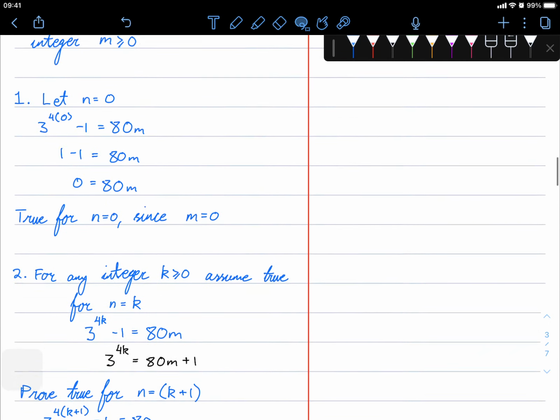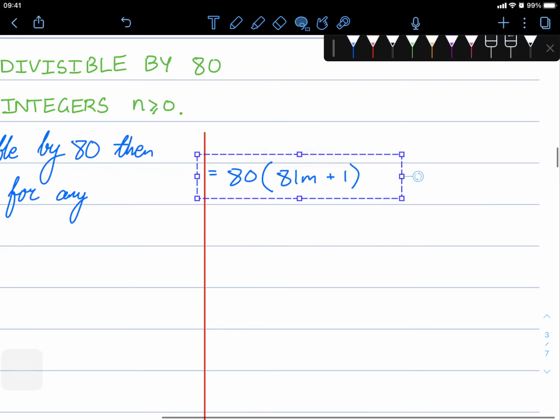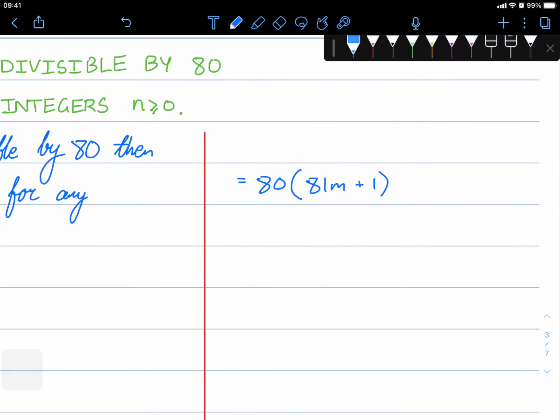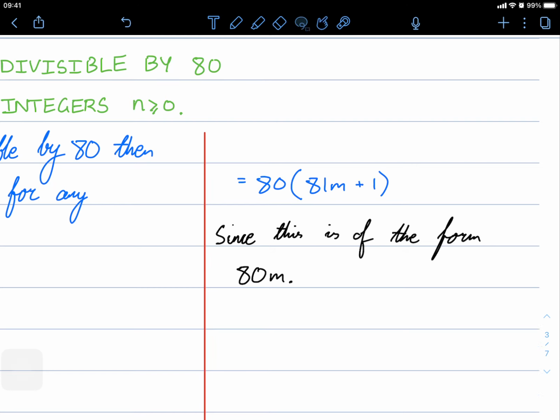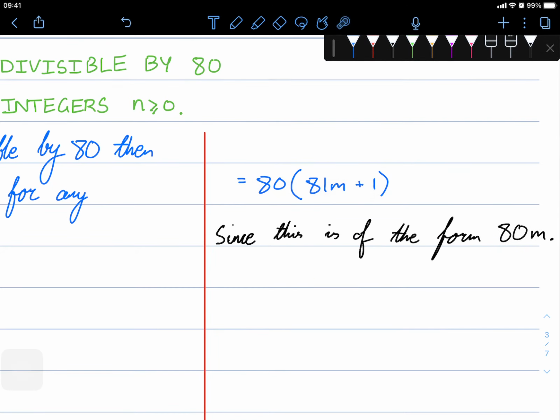Now from here, we're nearly done. We now have that expression. Now we can say that this is of the form 80m. Okay, so can you see how this expression is actually looking like this? 80 times something, where all of this is some whole number.